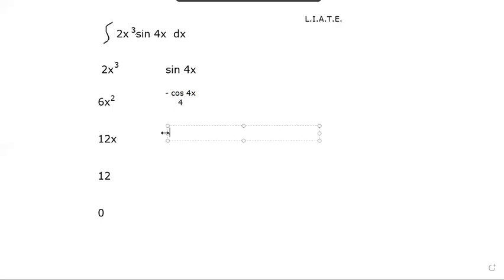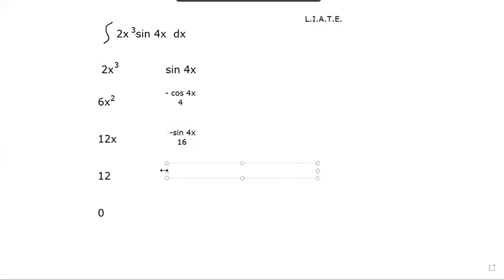The antiderivative of negative cosine 4x over 4, think about this, the antiderivative of cosine is sine, but this makes it negative sine 4x over 16. Okay, we keep moving.